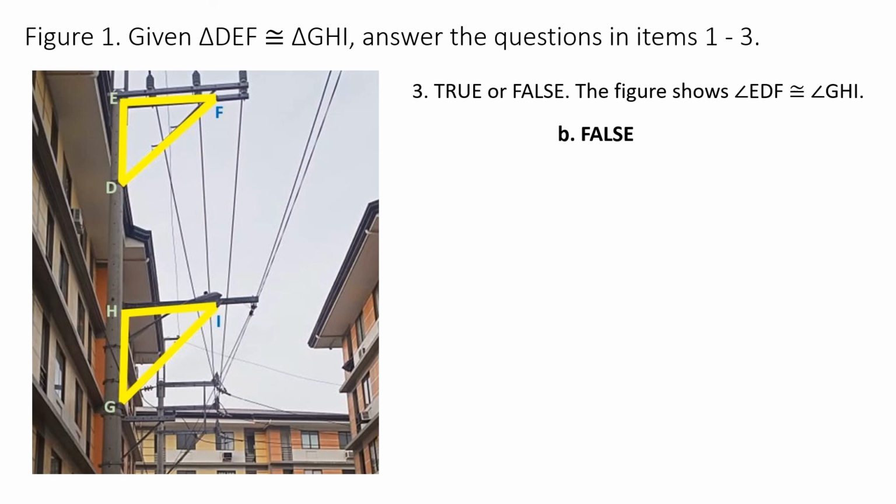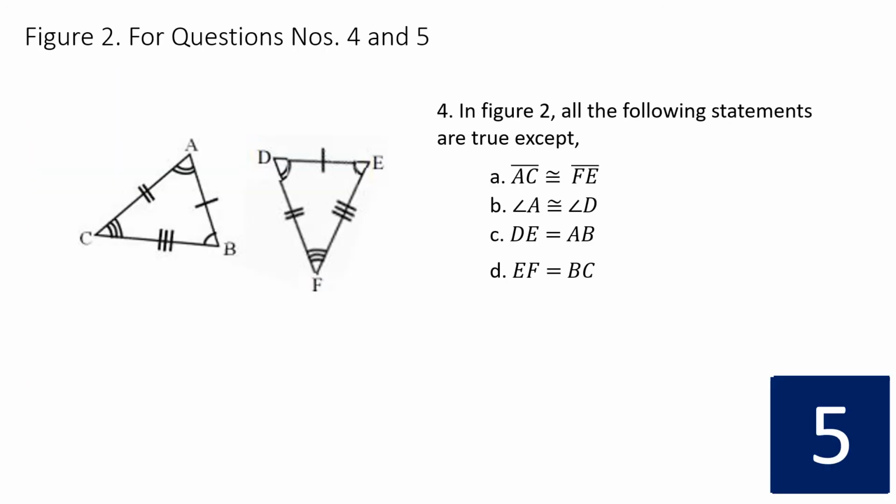For number 4, in Figure 2, all the following statements are true except: letter A, segment AC is congruent to segment FE. Letter B, angle A is congruent to angle D. Letter C, DE is equal to AB, or letter D, EF is equal to BC.